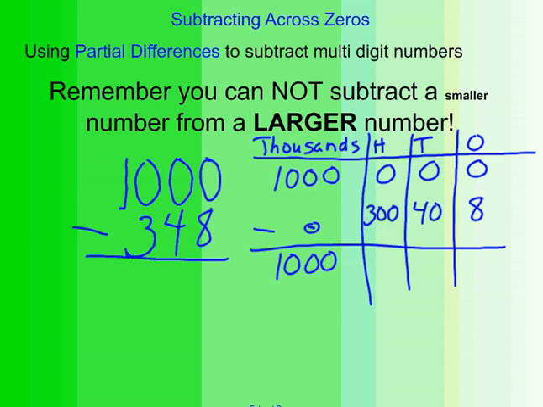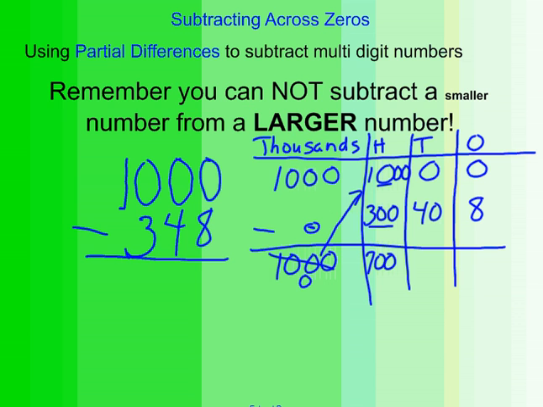Then I'm going to subtract my hundreds. 0 cannot take 300 away. 300 is a much bigger number. So I'm going to borrow 1,000. 1,000 take away 1,000 equals 0. I move my 1,000 up into my hundreds place. 1,000 take away 300 equals 700.